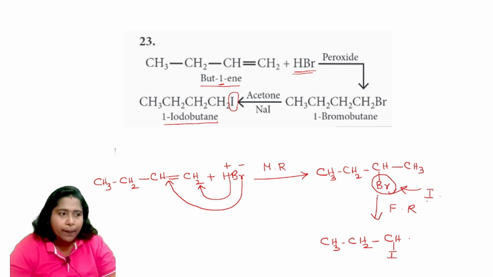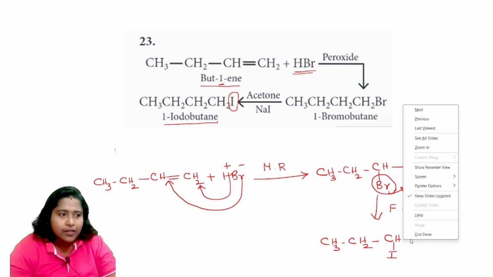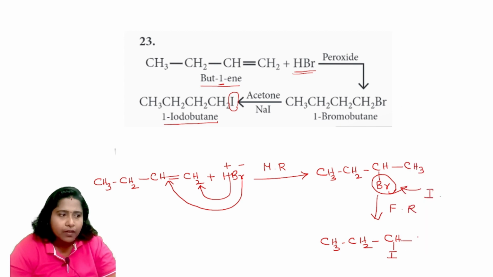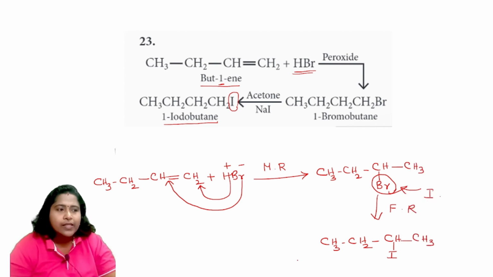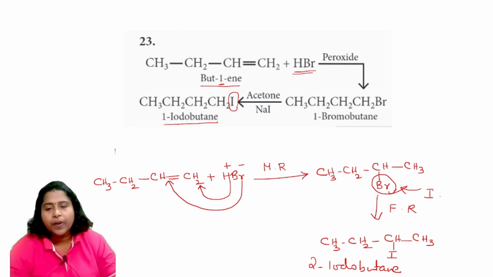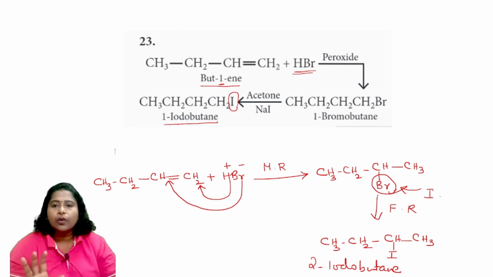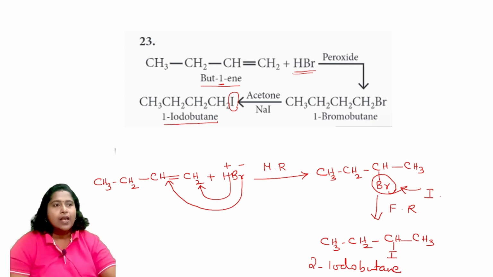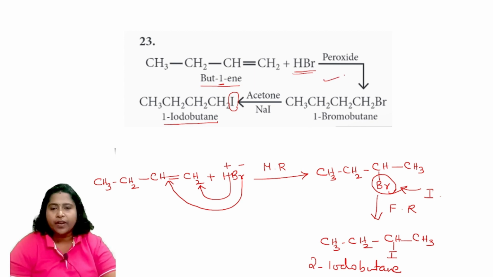So I am actually getting 2-iodobutane. So depending on the product we want, we have to use the peroxide effect or only Markovnikov's rule. Here I am using the peroxide effect, because with Markovnikov's rule I get 2-iodobutane.